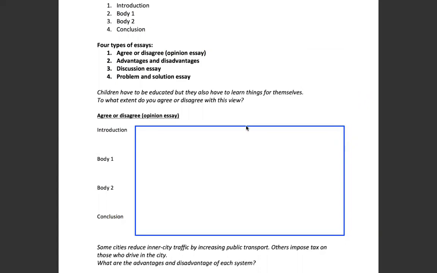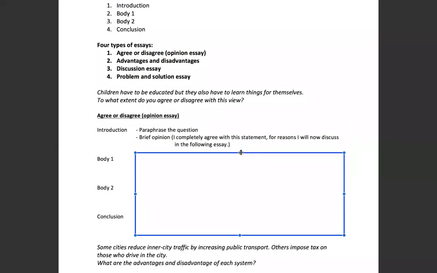Okay, it's an opinion essay. So you should start off by paraphrasing the question and giving your opinion. Okay, you could say something like, I completely agree with this statement for reasons that I will now discuss. Reasons that I'll now discuss in the following essay. All right, you don't have to write this, but that's an example of how to give your opinion.